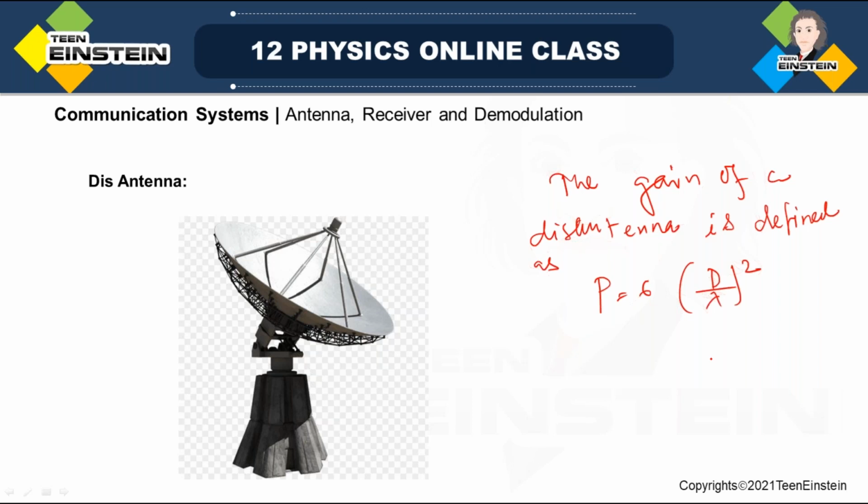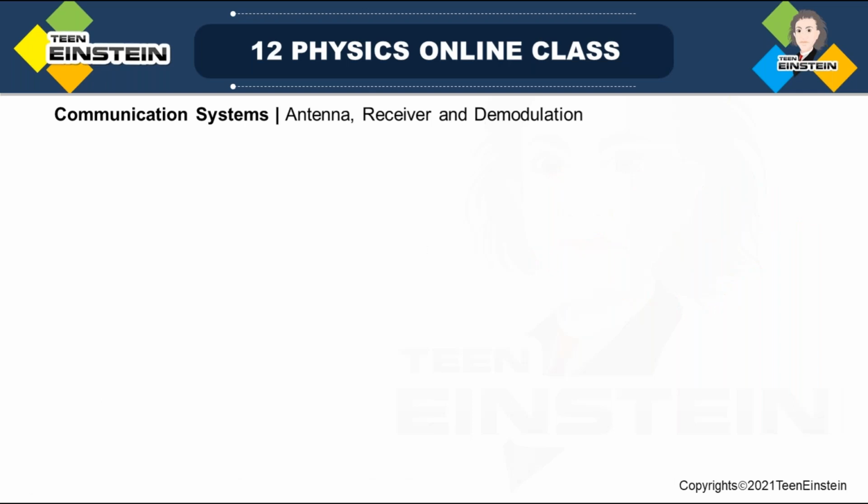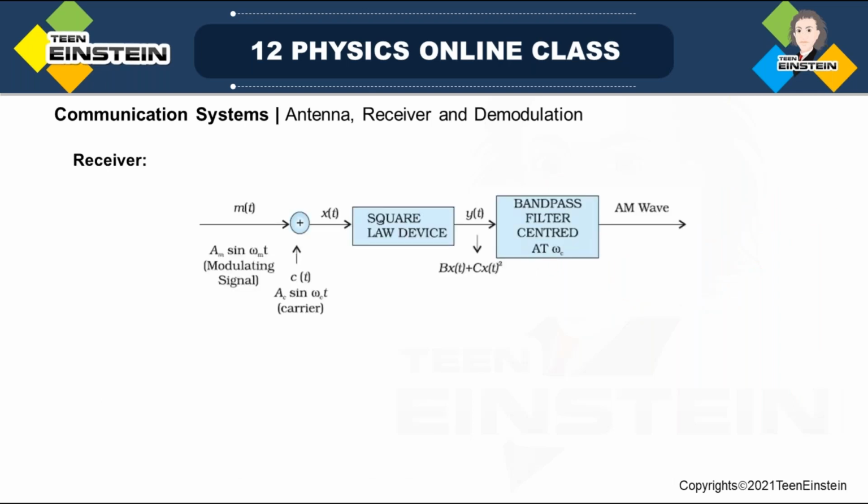Okay, now we'll go to the receiver. We'll see the role of a receiver and how the receiver actually recovers the original message signal which was modulated by amplitude modulation.